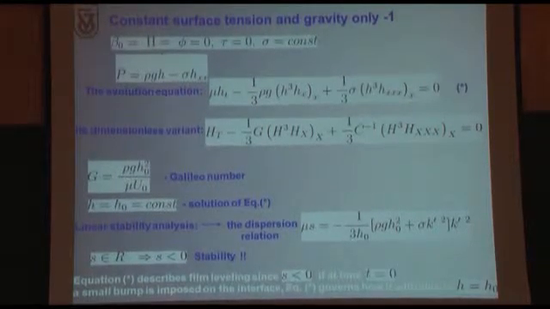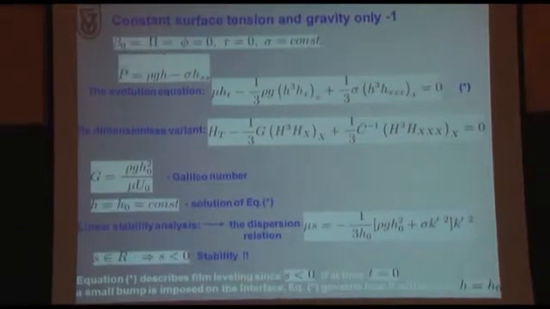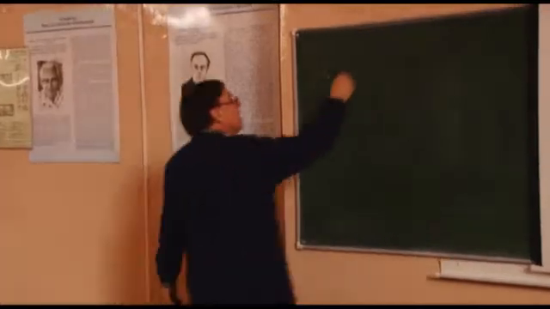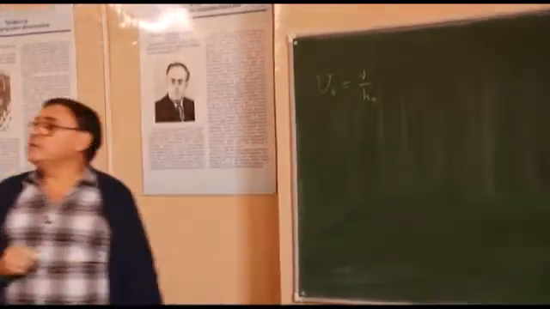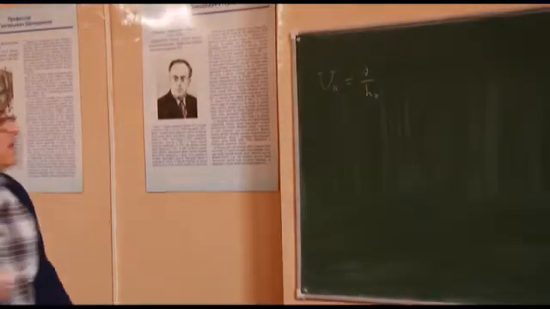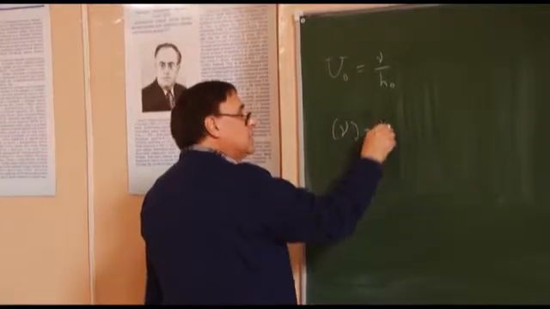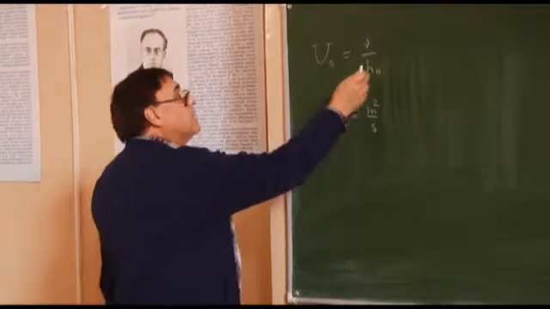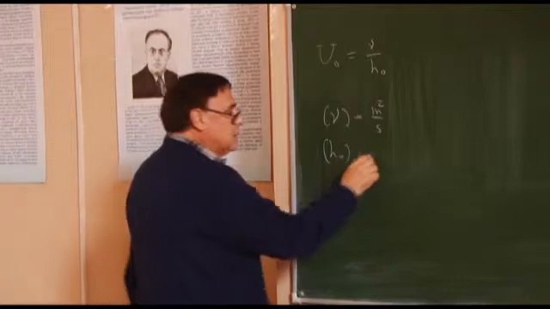But in most cases, when we don't have anything special, it may be chosen as nu divided by H0, where nu is the kinematic viscosity of the fluid. The units of nu are meters squared per second, and H0, of course, is the mean thickness of the film, in meters.